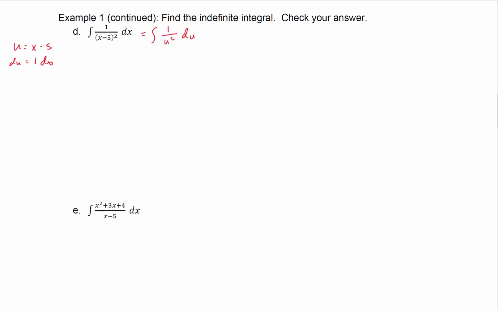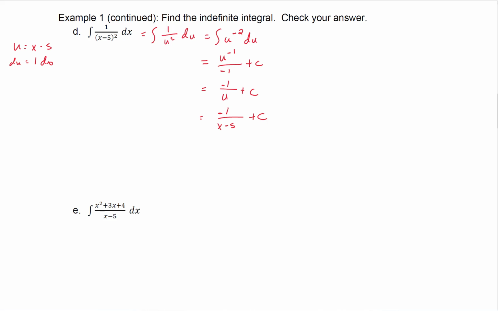It's 1 over u squared. So in this case, we have to rewrite this. So this becomes the integral of u to the negative second du. And then we're going to use the power rule. So this becomes u to the negative first over negative 1 plus c, which then just becomes negative 1 over u plus c, which is negative 1 over x minus 5 plus c.